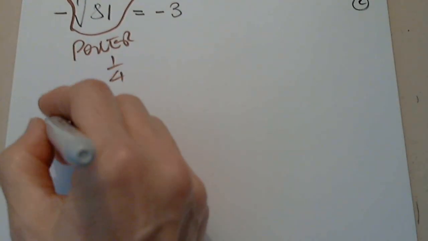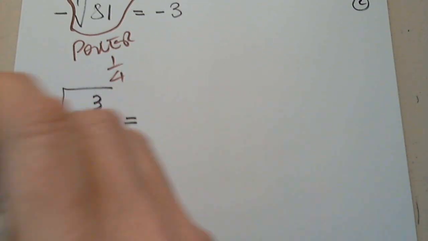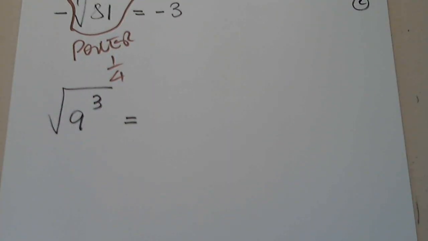Let's say they're asking us to change 9, the square root of 9 to the third, into a power. How would you change this into a power?